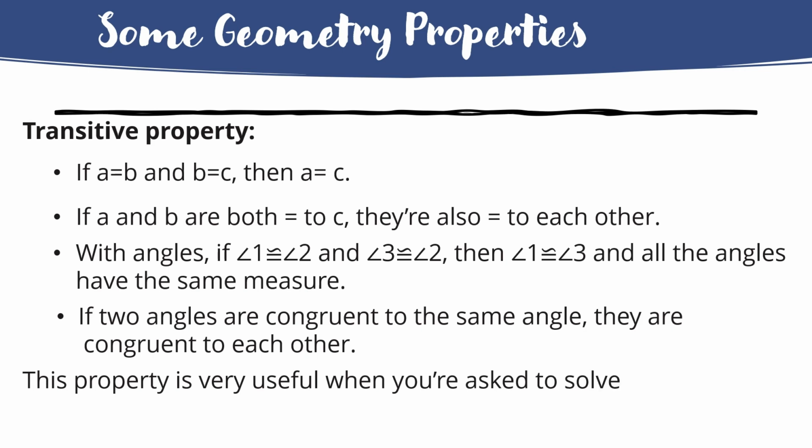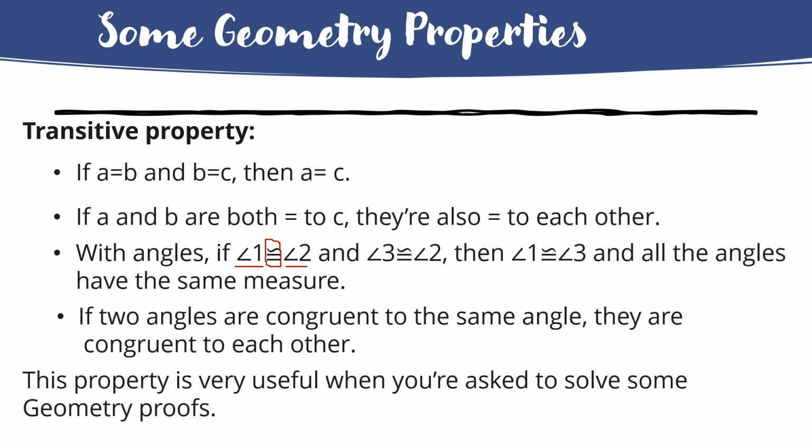And so if they are equal, then when you're working with angles, and say you're given angle 1 and you have angle 2, and you're told that they are congruent, meaning they have the same measure, you should see this sign, meaning they're congruent.